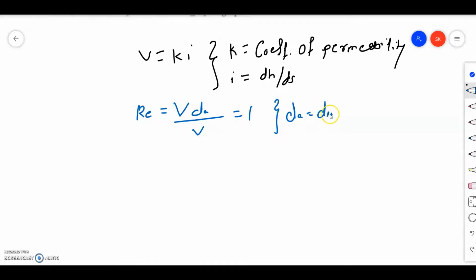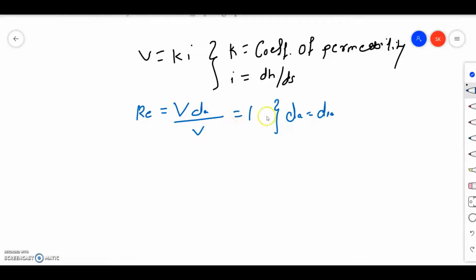So what is meant by d10? d10 represents a size such that 10% of the aquifer material is of smaller size. Whatever the aquifer material is there, 10% of it is of a smaller size. So this is d10.